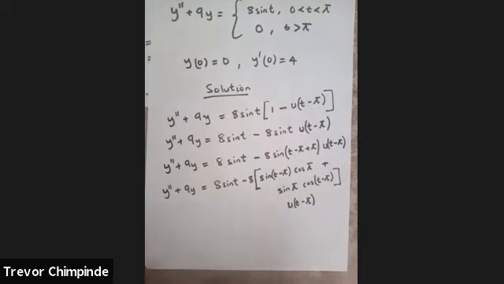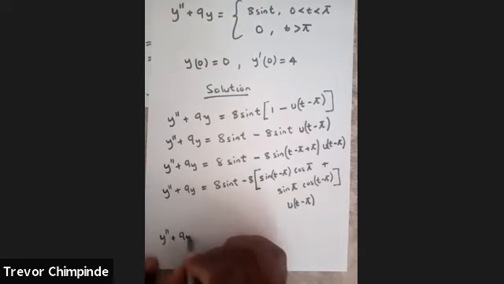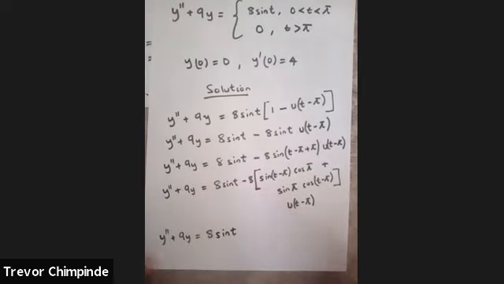So y double prime plus 9y is equal to 8 sine t. What's the cosine of pi?